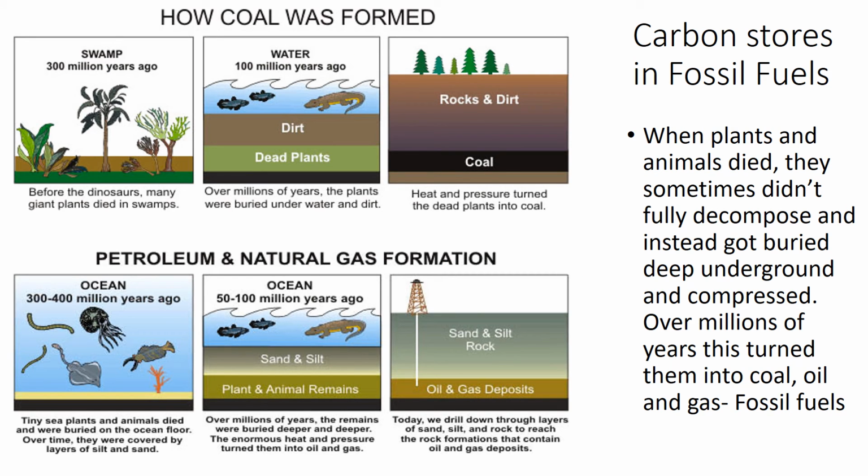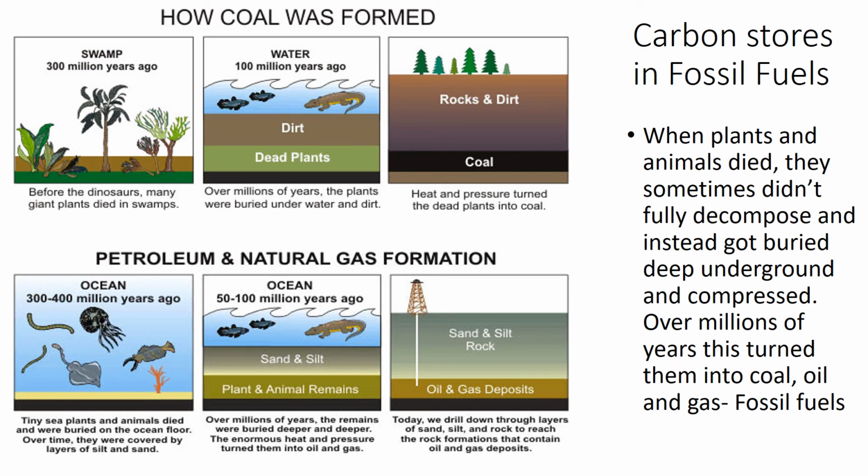So as our plants and animals are carbon stores, when those plants and animals died, and became buried under water and dirt and got compressed, with lots of heat and pressure, they can eventually turn into fossil fuels.